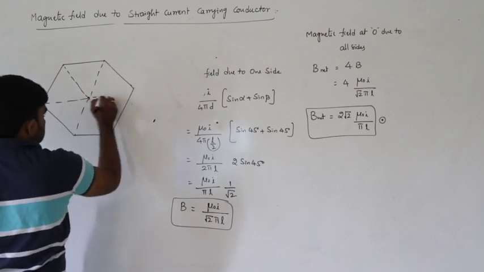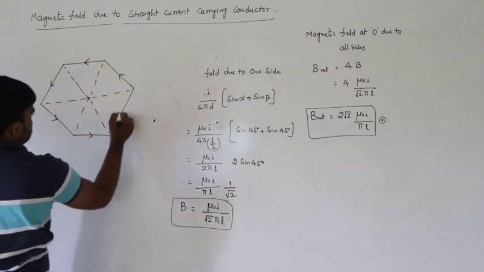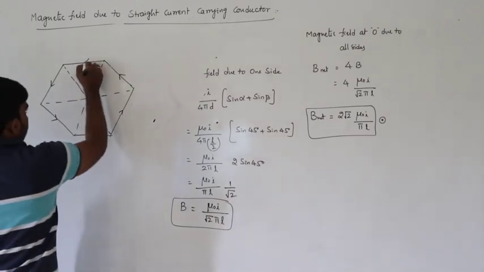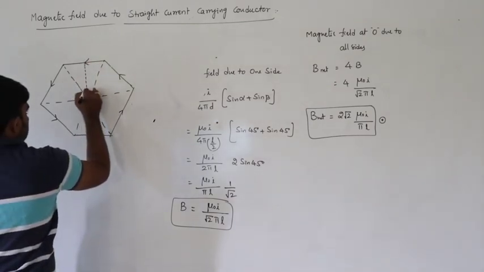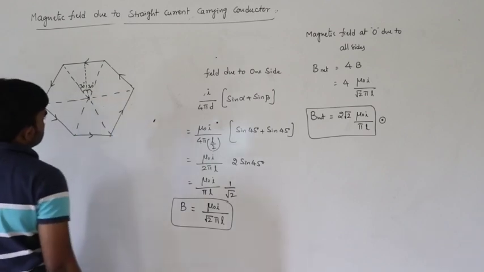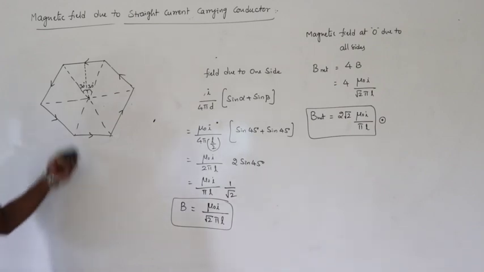At this point, due to all these conductors, all have the same magnitude, that is 6. First calculate the field due to 1, into 6, then you can get it at this point. This angle becomes 30 and this angle also becomes 30, and these are 60, 60, 60, 60, 60. So that is the situation. You can try this one.